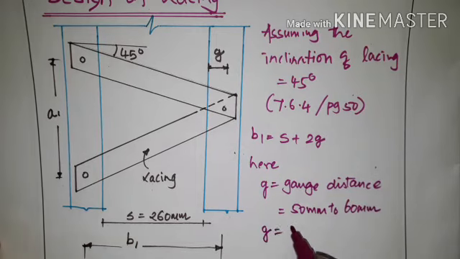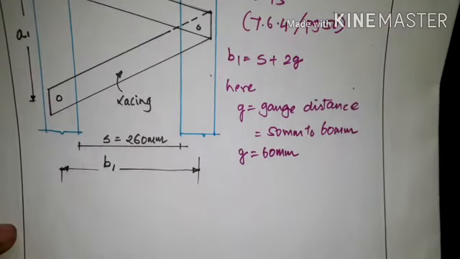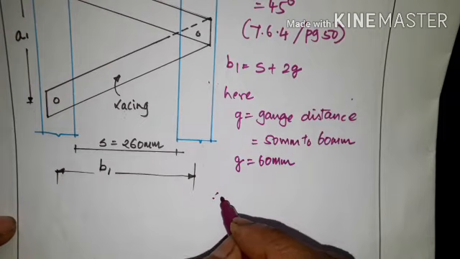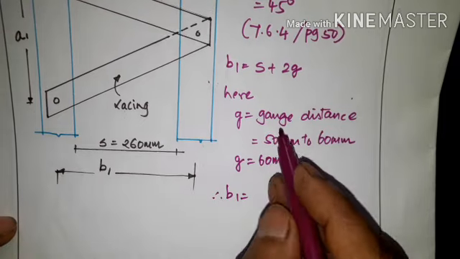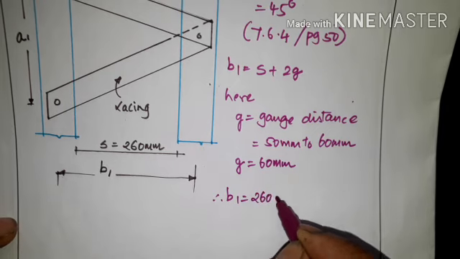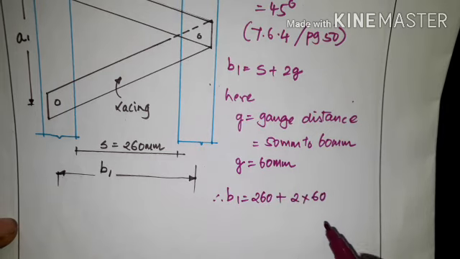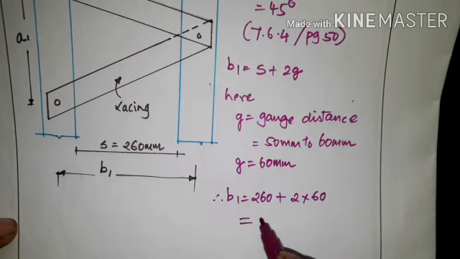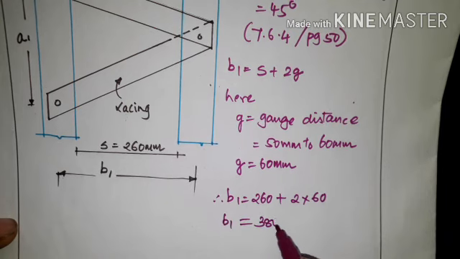So we will take gauge distance equal to 60 mm. Therefore B1 is equal to S plus 2G, so S is 260 mm plus 2 times 60. So B1 is equal to 380 mm.